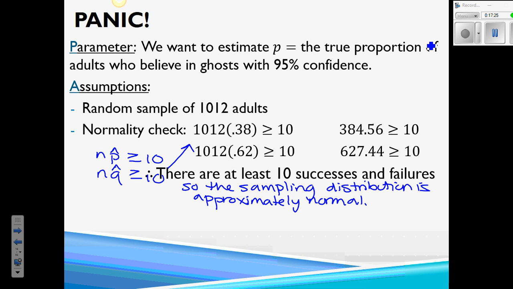Say both. Because when you're checking for 10 successes and 10 failures, you're really checking to see if the sampling distribution is approximately normal. We did put here that we're checking for normality, just really making sure that you know what you guys are checking for.